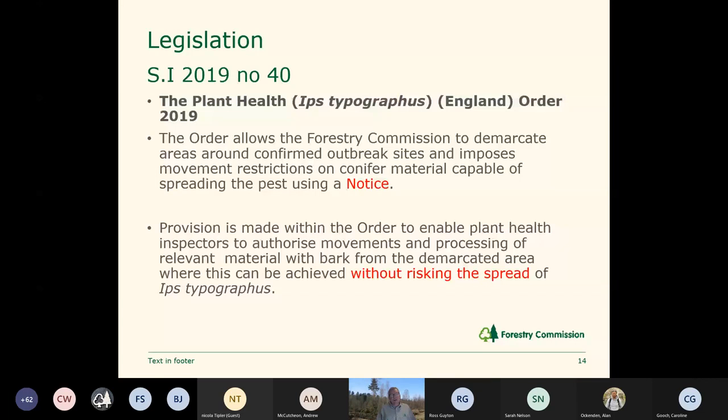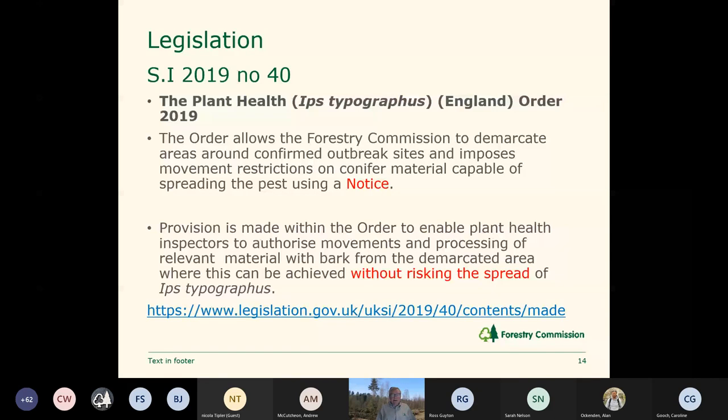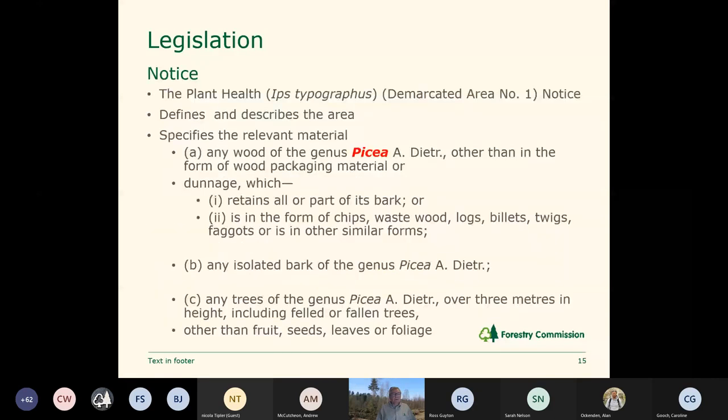And this is an important factor both in terms of supporting the sector and particularly in terms of how we promote good biosecurity practices within that demarcated area. The legislation can be found through this link, and that links to some other bits of supporting information.